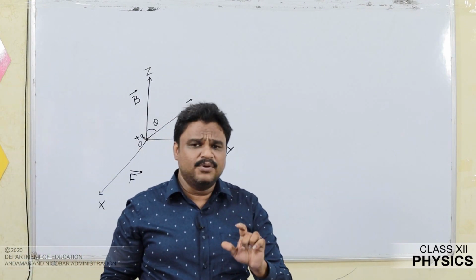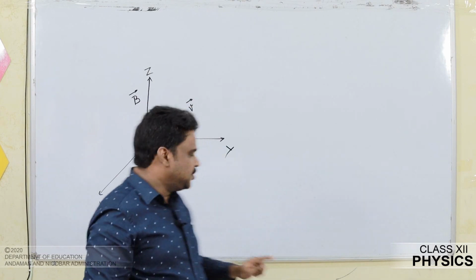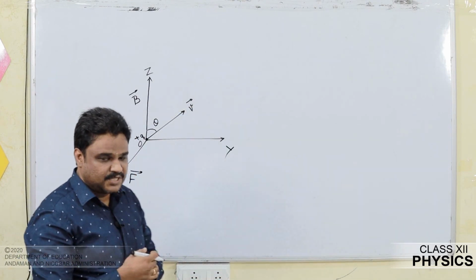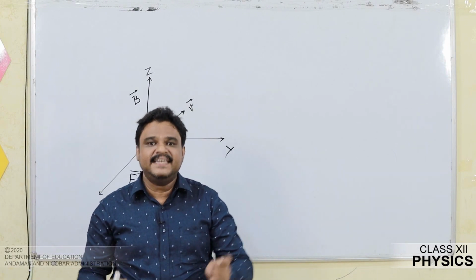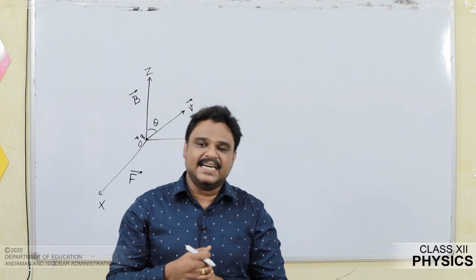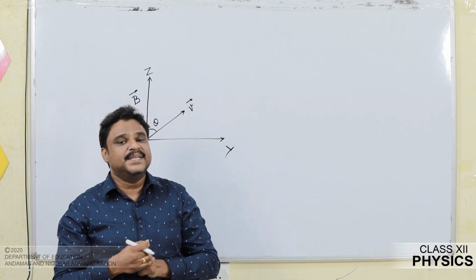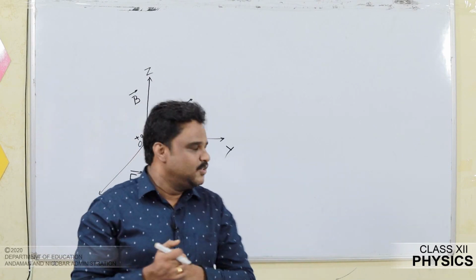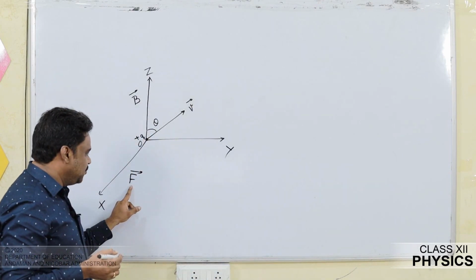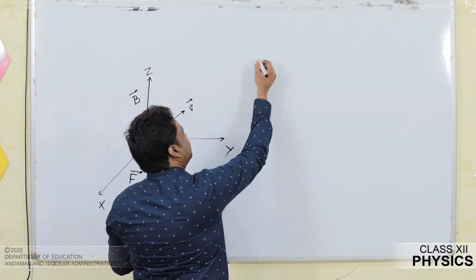So let us explore the factors on which this force depends. If a charge is moving in a magnetic field, it experiences a force, not in all situations, but this is a generalized condition. What about the magnitude of the force?